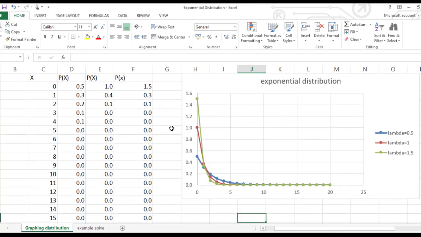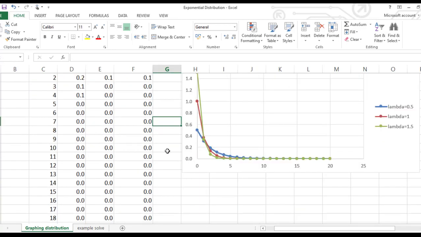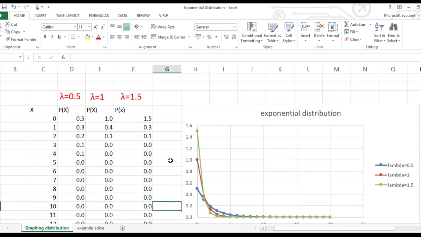So now you can see that as we increase our lambda, the peak of the curve would increase. Okay, and we can also see that all these three curves are rightly skewed in nature. Okay, now let us try to solve our example that we have solved theoretically.